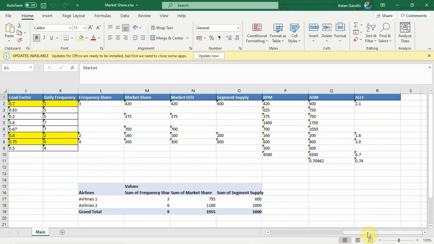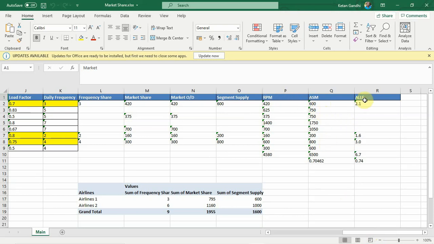RPM is revenue per mile of the passengers, what revenue is generated per mile. And ASM is available seat miles, which was provided by the airline to carry the number of passengers, so that is calculated.